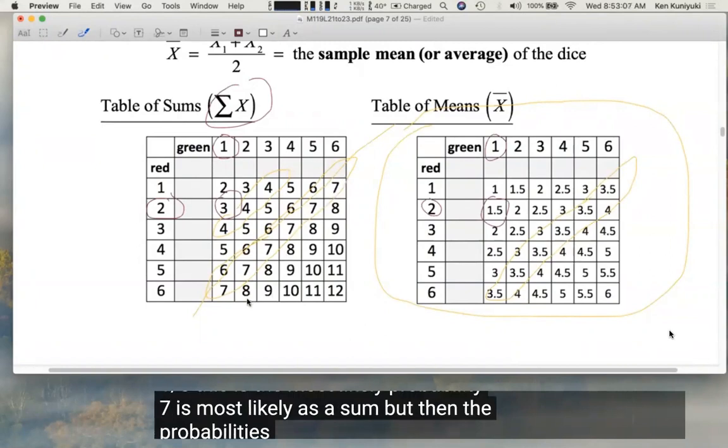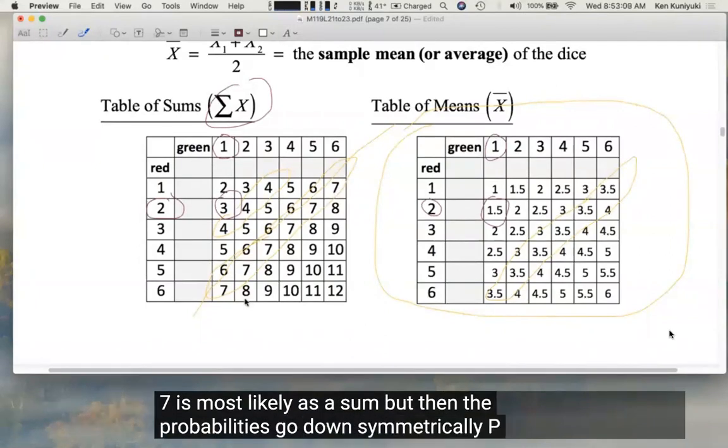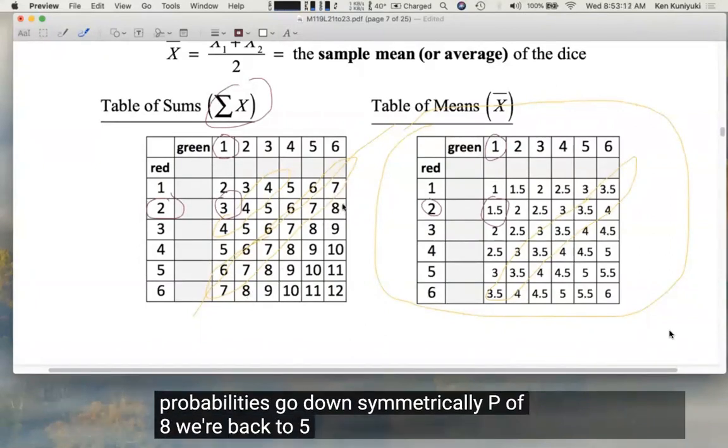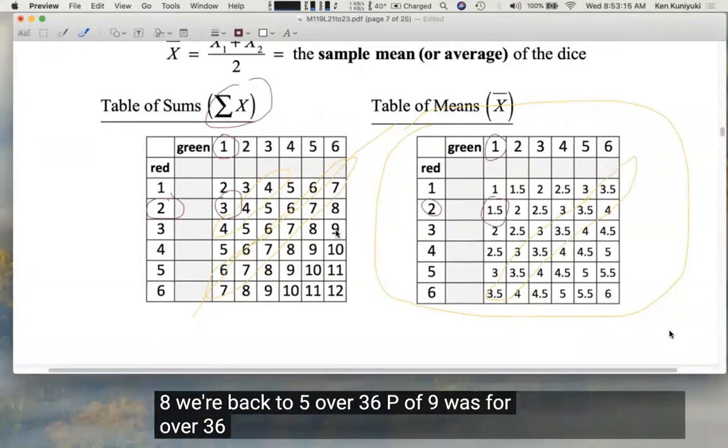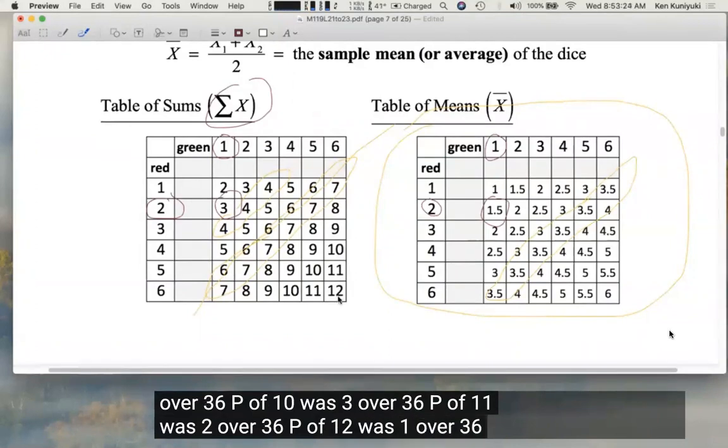But then the probabilities go down symmetrically. P of 8, we're back to 5 over 36. P of 9 was 4 over 36. P of 10 was 3 over 36. P of 11 was 2 over 36. P of 12 was 1 over 36.